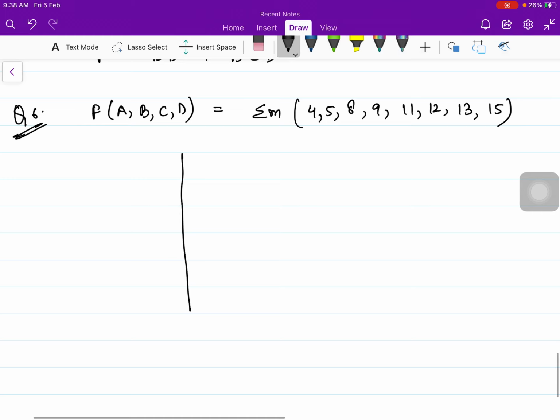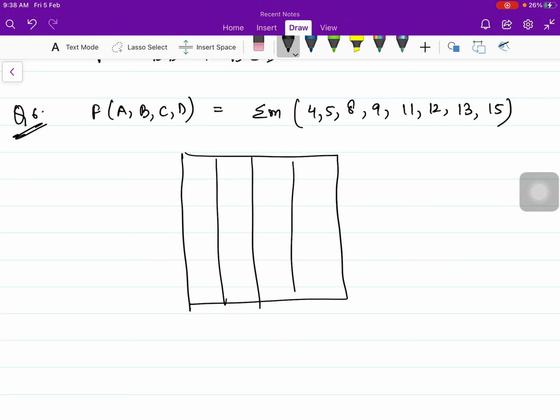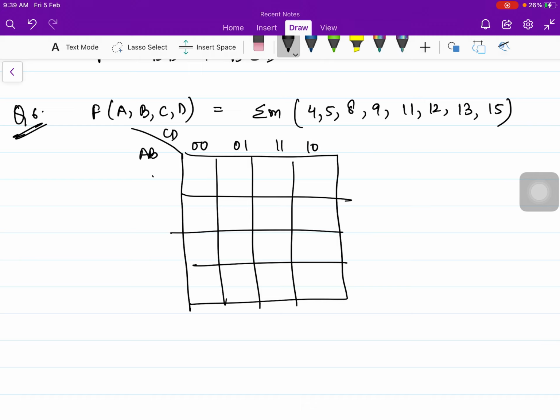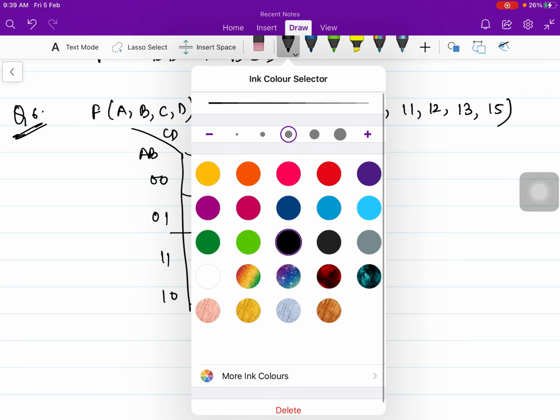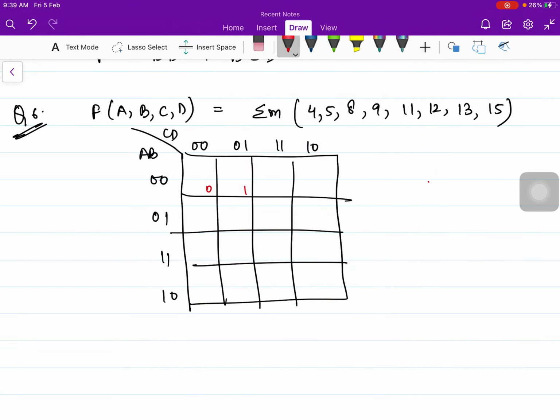Let us solve it. Draw the structure first of all. Mark the variables. Write the combination. Do the numbering.